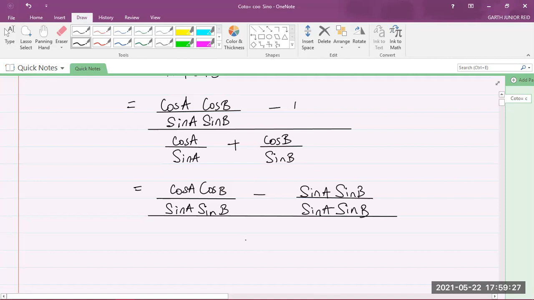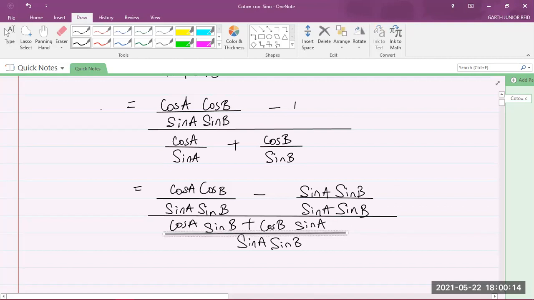So my denominator, or my LCM, is going to be the sine of A times the sine of B. In my numerator, I will have the cos of A multiplied by the sine of B, and I'm going to have my plus. Then my other term is going to be the cos of B multiplied by the sine of A. So I hope you follow that. We're simply adding two fractions.